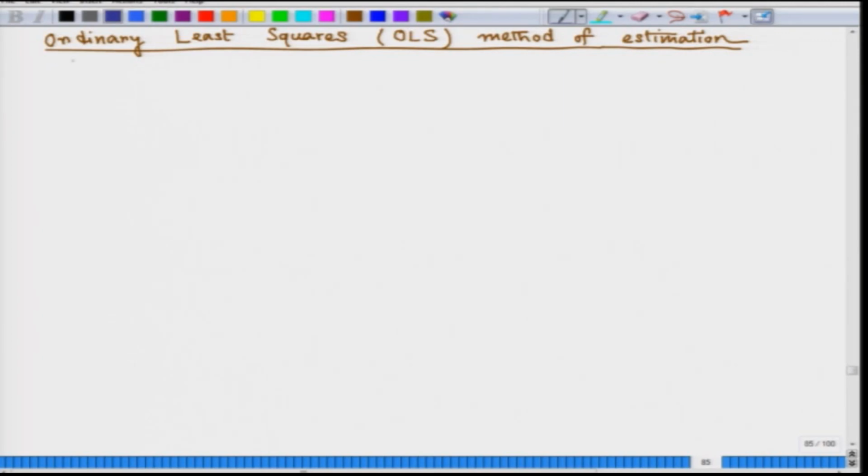Let us talk about some estimated equation from real life data. Suppose we are given n data points in the scatter plot. Note that I am going to restrict my discussion only to one explanatory variable. In the next class we are going to expand the number of explanatory variables.